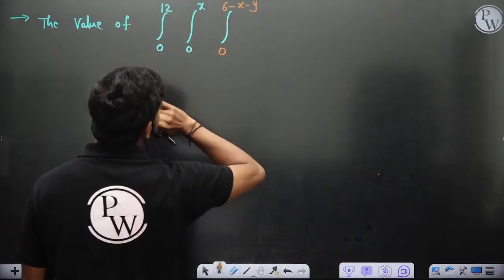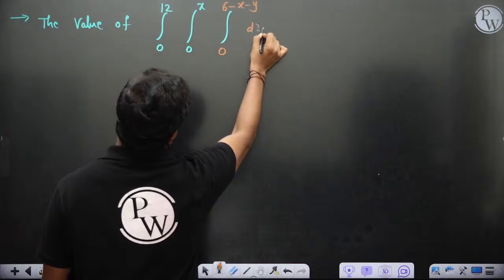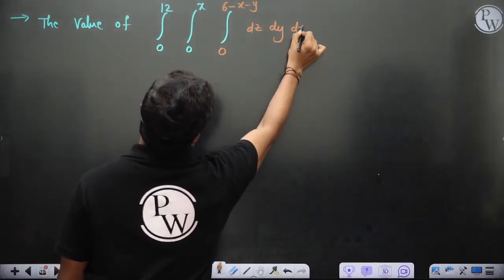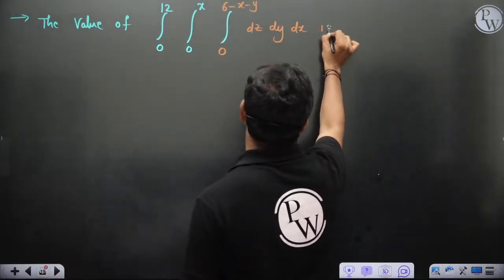Okay, so 6 minus x minus y, dz dy dx, let's say, is dash.